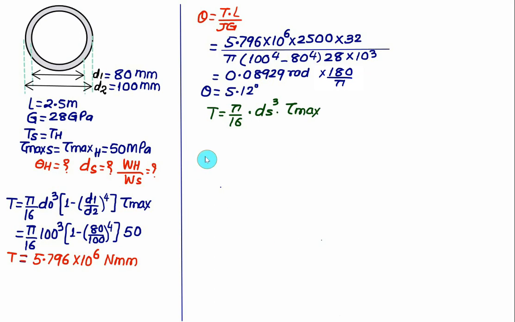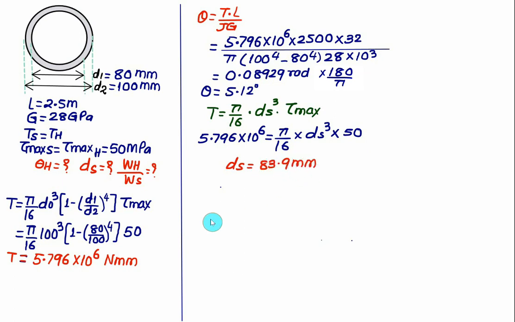Torque again we have to put the same as 5.796 into 10 to the power 6 equal to pi divided by 16. Diameter of solid shaft we have to find out. Maximum shear you have to use the same value, that is equal to 50. So the diameter of the solid shaft will come out to be 83.9 mm.